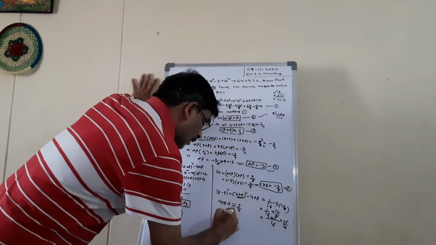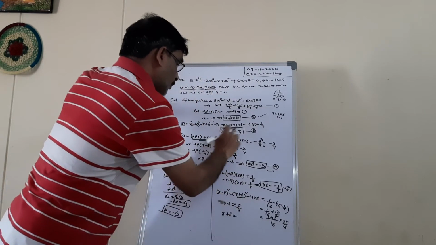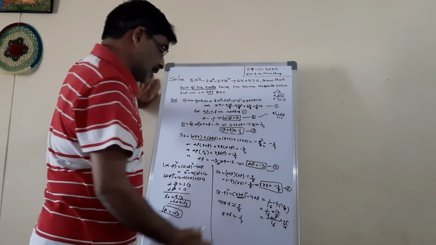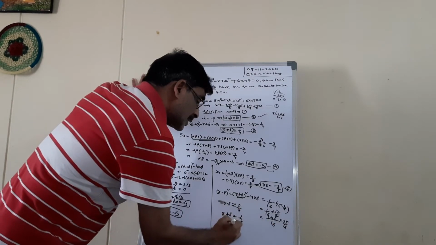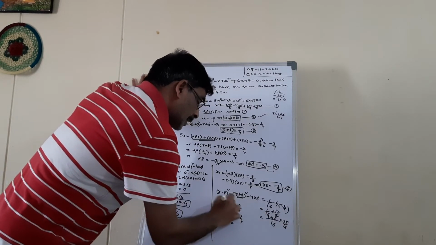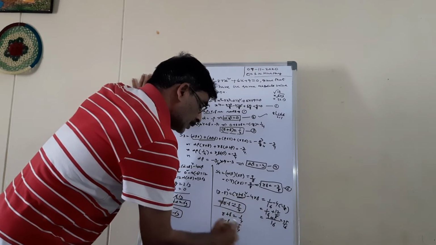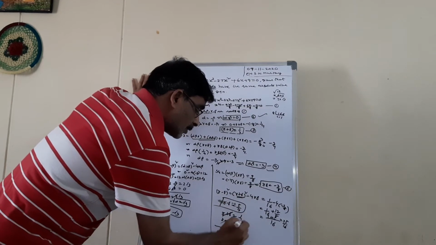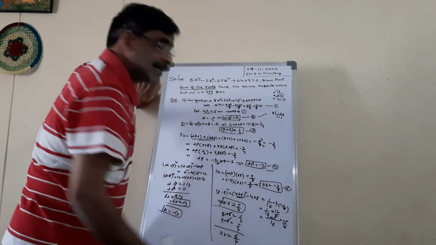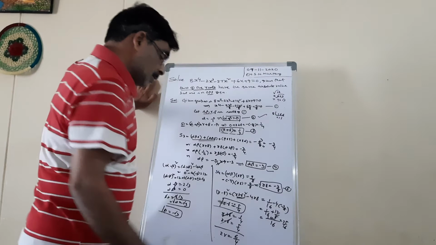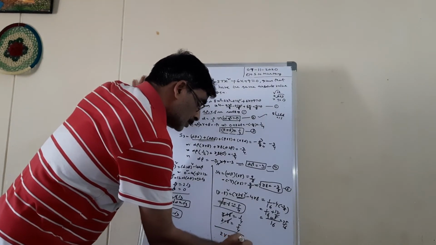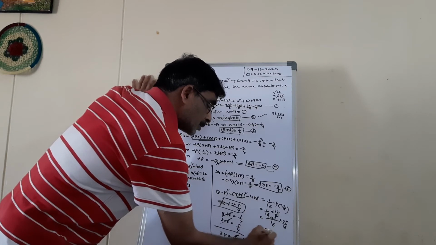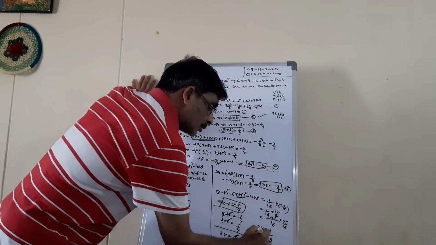Gamma plus delta equal to 1 by 4, and gamma minus delta equal to 5 by 4. If you add, these two will be cancelled. So we have 2 gamma equal to 6 by 4, or 3 by 2. 2 gamma equal to 3 by 2, gamma equal to 3 by 4.